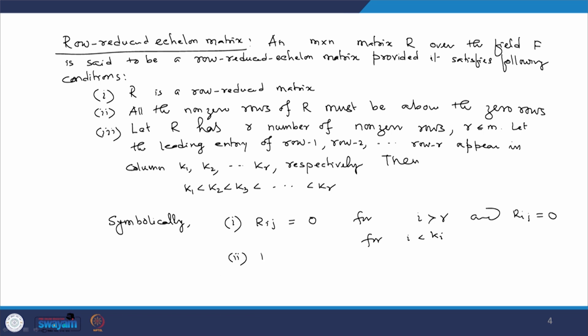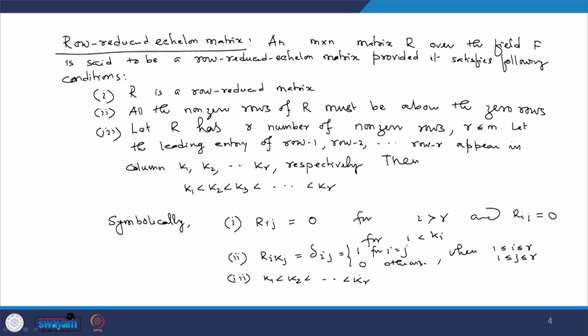Second one, R_iKj, I can write in canonical delta form, delta_ij, which is equal to 1 for i equal to j and 0 otherwise, when 1 less than or equal to i less than or equal to r and 1 less than or equal to j less than or equal to r. And the third one, K1 less than K2 less than Kr. These three conditions can be written also in this form.